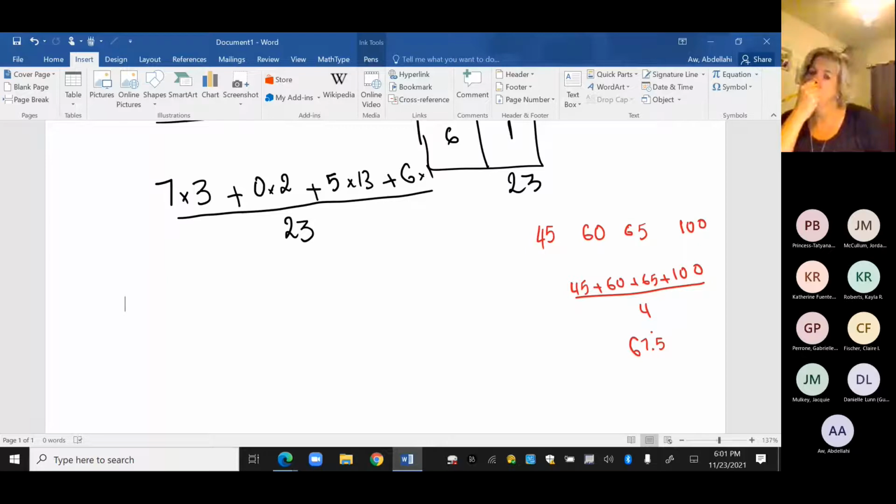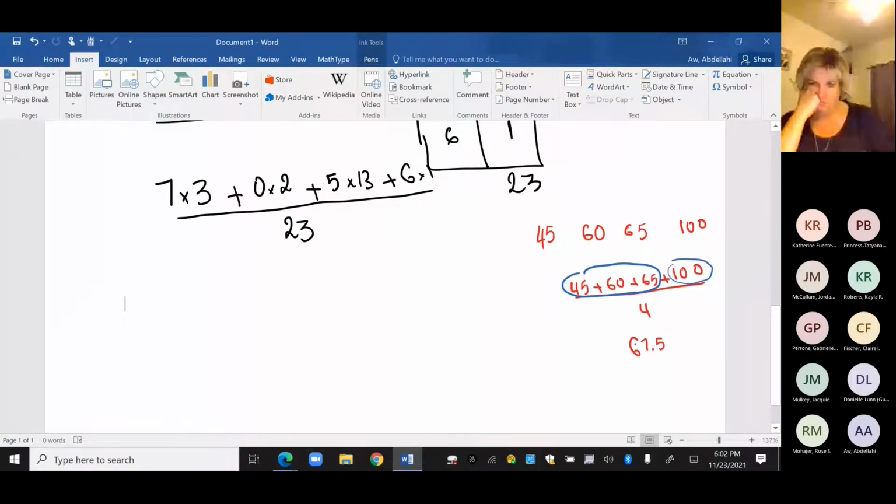Okay, but look at the grades right here. This class needs help, right? Because these 3 people are below the average. So 75% of the class is below the average. I have only 1 student who got 100%.